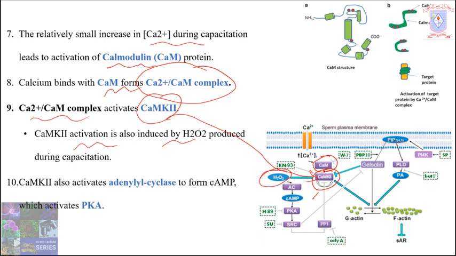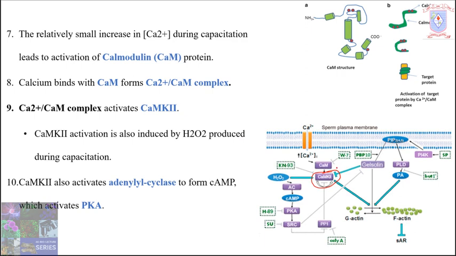From where is this H2O2 produced? It is produced during capacitation itself. And this CaMKII is active now, and CaMKII activates another protein named adenyl cyclase. You are familiar with adenyl cyclase, isn't it?